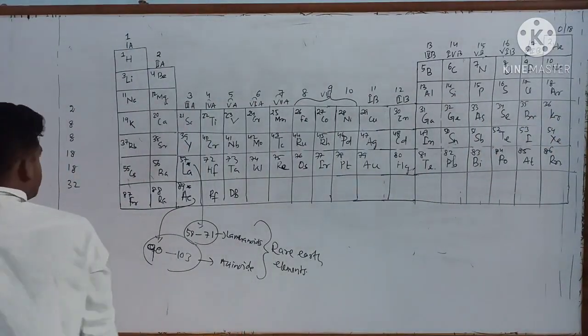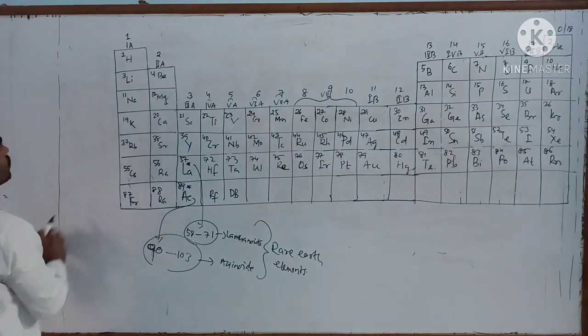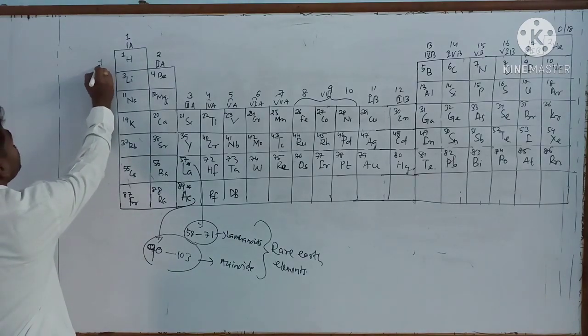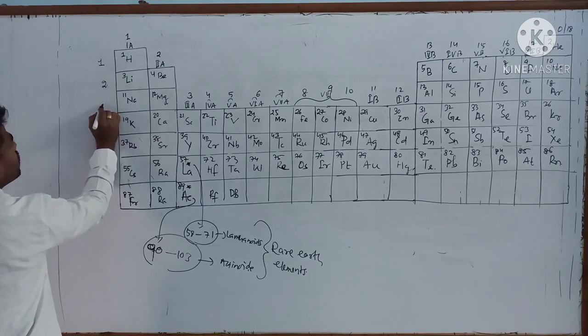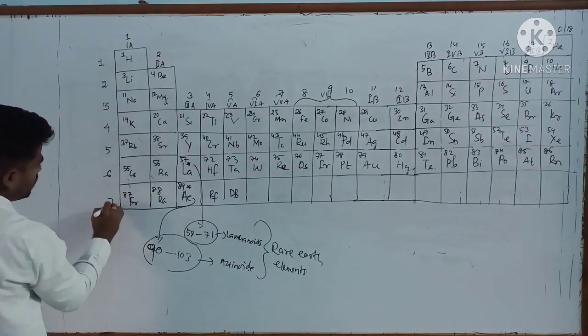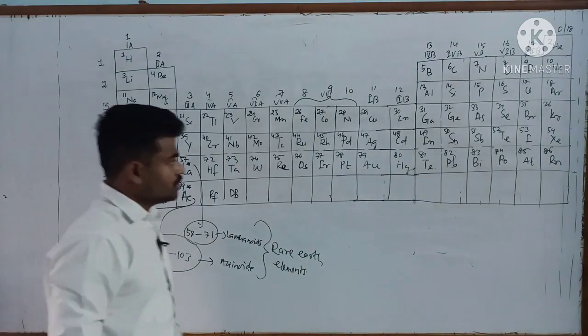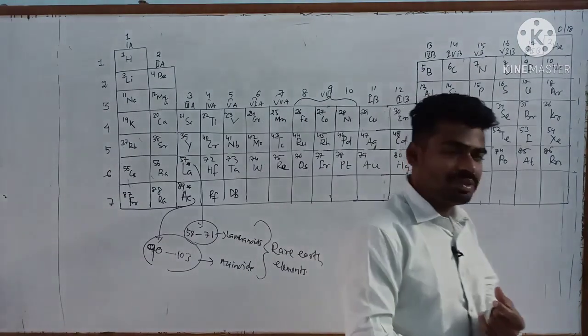Clear? So the periods: this one is your first period, second, third, fourth, fifth, sixth, and seventh. Clear?